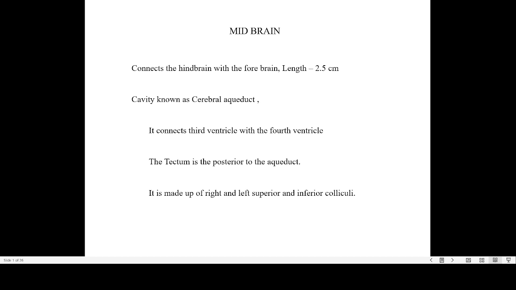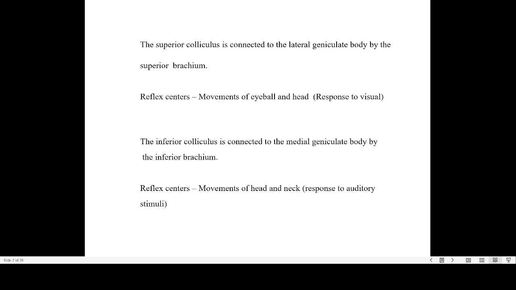There are four colliculi, two superior and two inferior. So the portion posterior to the aqueduct is called the tectum, made up of colliculi, right and left, superior and inferior.